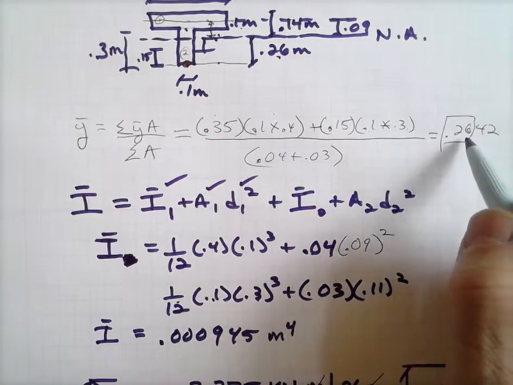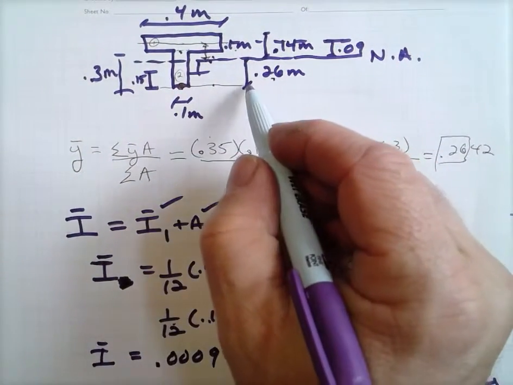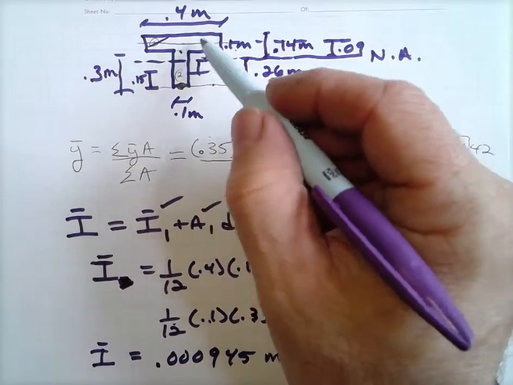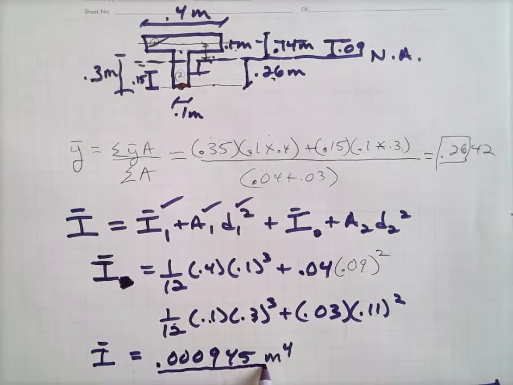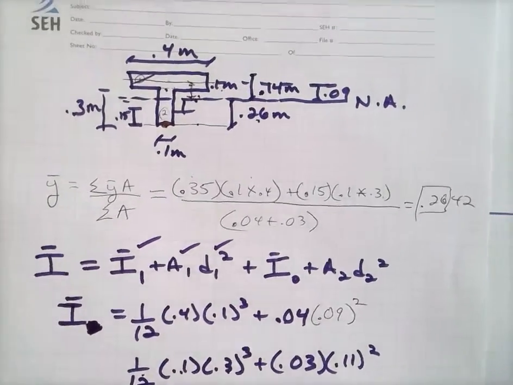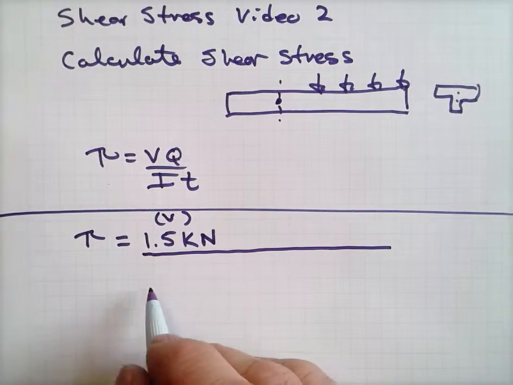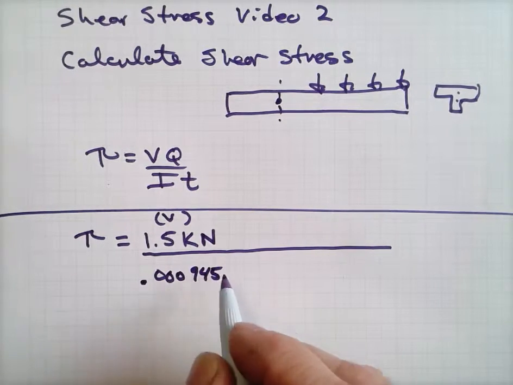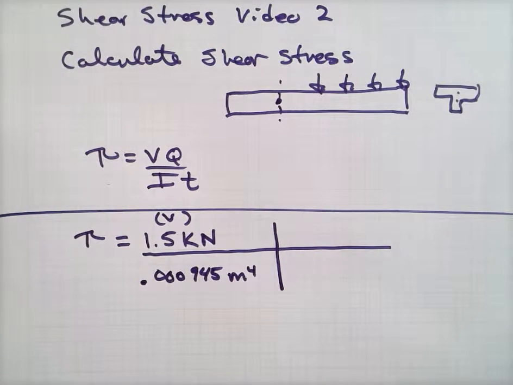The centroid was 0.26 meters from the bottom. And then we used the parallel axis theorem to find the I for this cross section about its own centroid. And we got 0.000945 meters to the fourth. So let's divide this by 0.000945 meters to the fourth. Now we need Q and T.